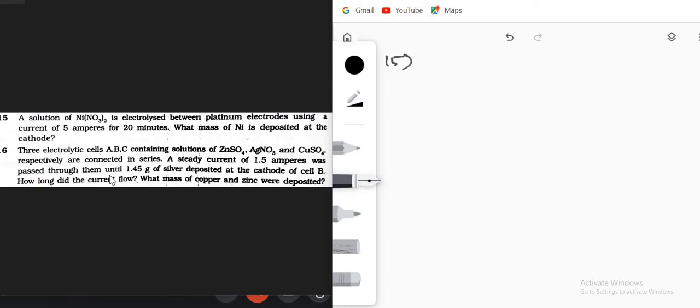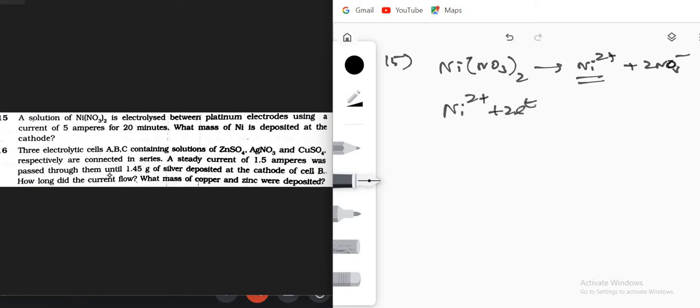Students, observe carefully. Here nickel nitrate will produce Ni2+ ion and nitrate ion, NO3-. Now the Ni2+ ion undergoes reduction at the cathode.